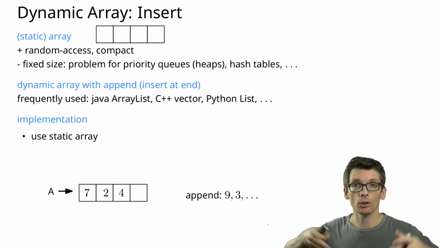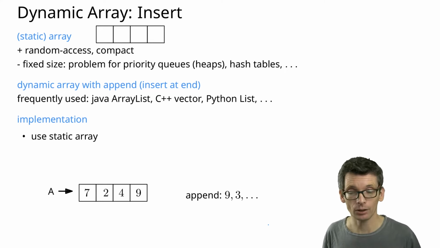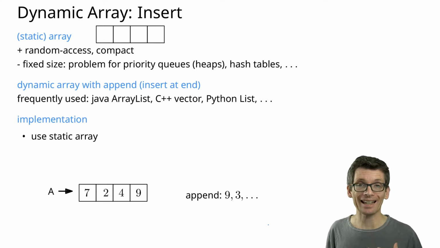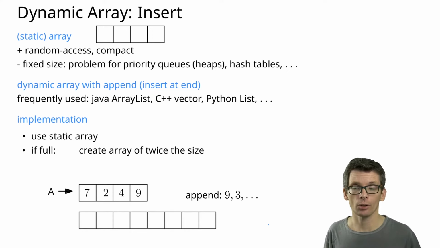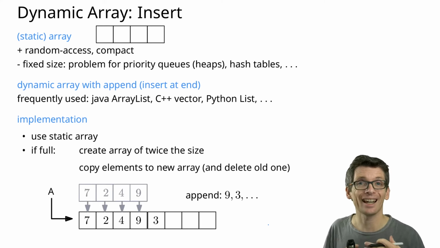Then we simply increase the size by some constant factor. For the purpose of this video and for getting a simple analysis, let's assume that factor is always 2, so we always double in size. Of course we cannot simply double the size of the given array because that array had fixed size. So what we do instead is make a new array of twice the size, and then copy all of the elements into that new array.